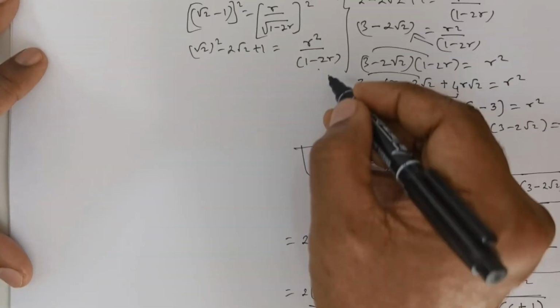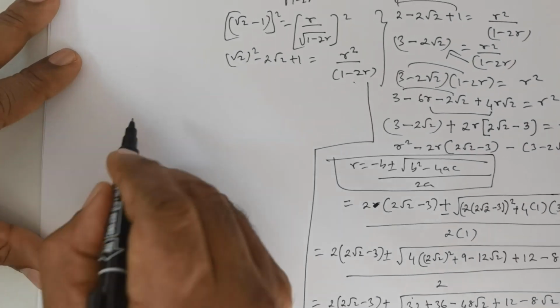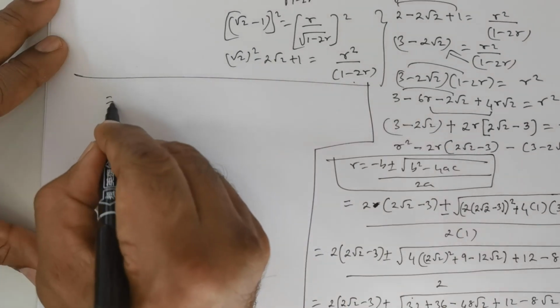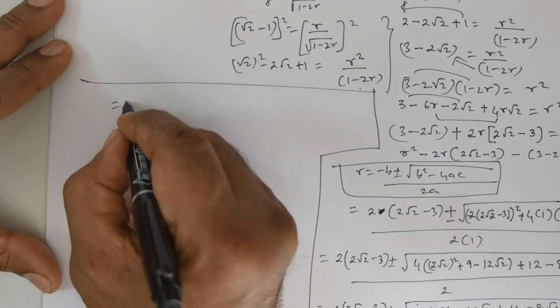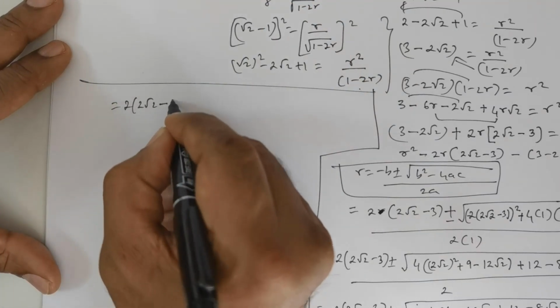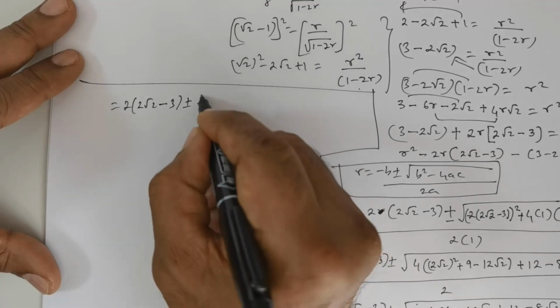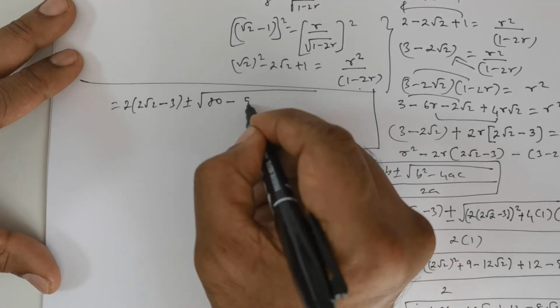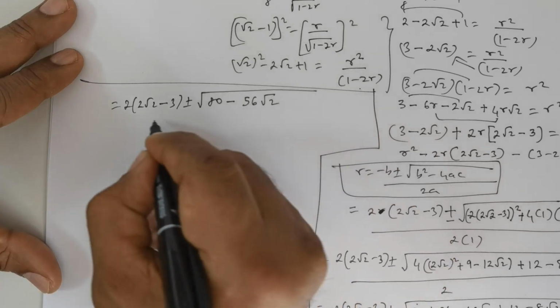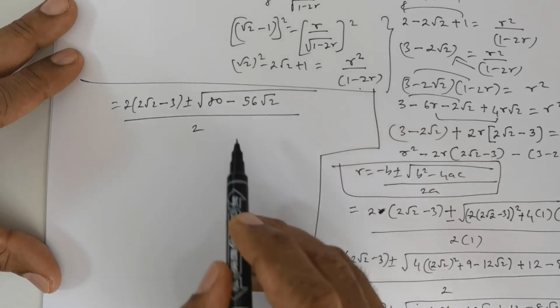So let me rewrite this. So this is equal to 2 times (2 root 2 minus 3) plus or minus root of 80 minus 56 times root 2, divided by 2.